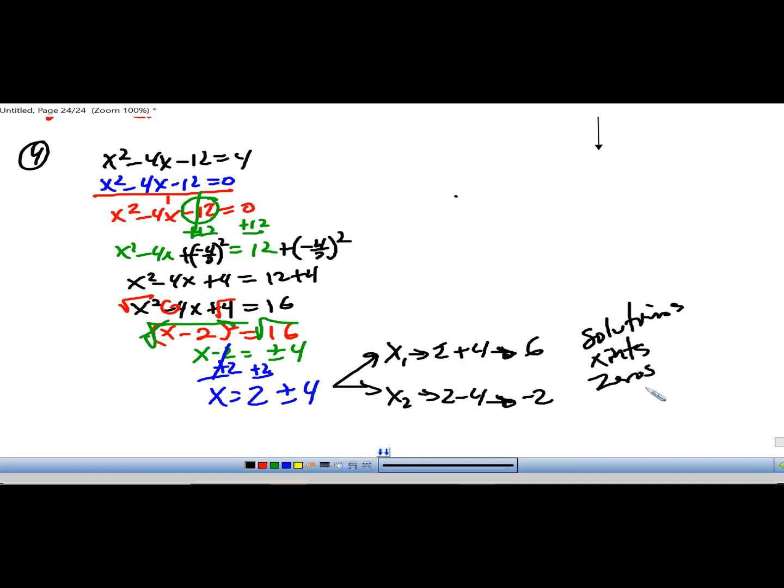We're missing one name. Who's got it? Good. They're roots. You need to know all those names because we're about to get into the next concept that's coming up pretty soon, and we're going to be needing all those terms as we go about the next section. All right, let's move on.